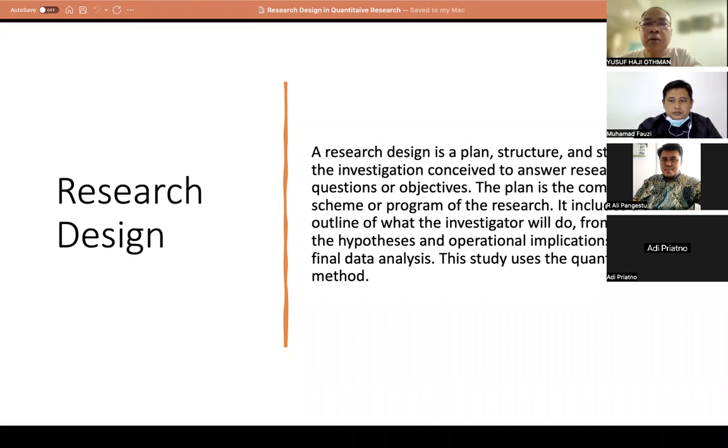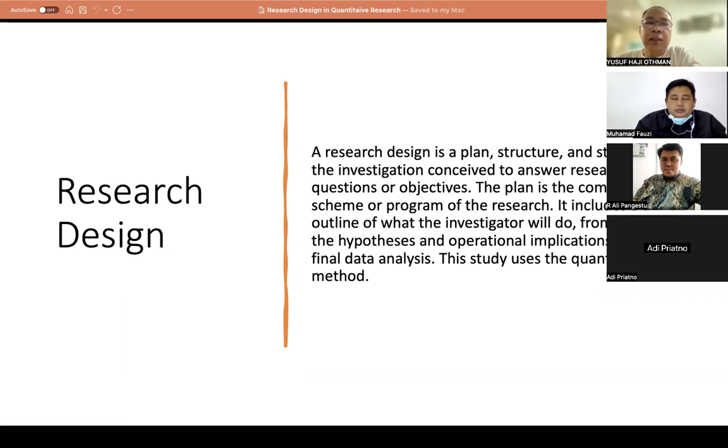In a quantitative study, the research plan includes the outline of what the researcher will do, starting from writing the hypothesis. In quantitative research, we have the theoretical framework of the study.